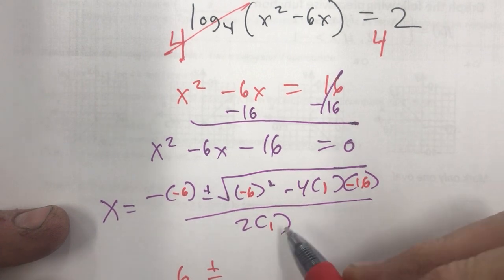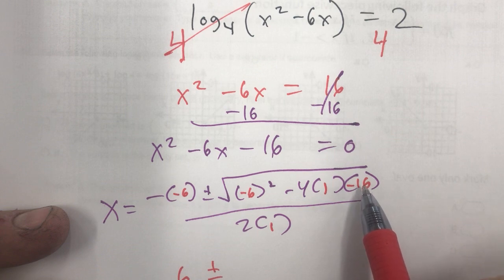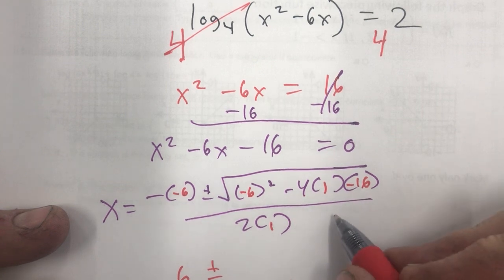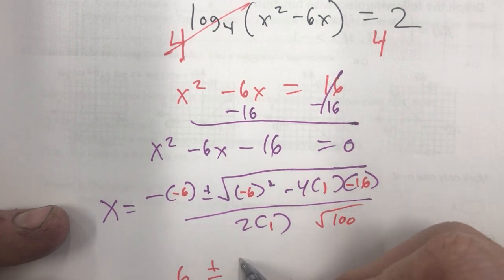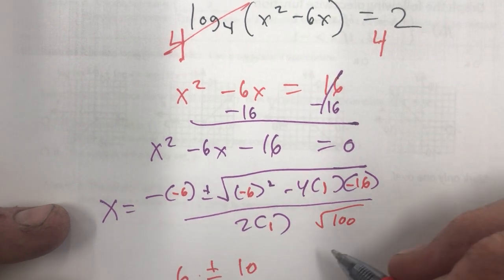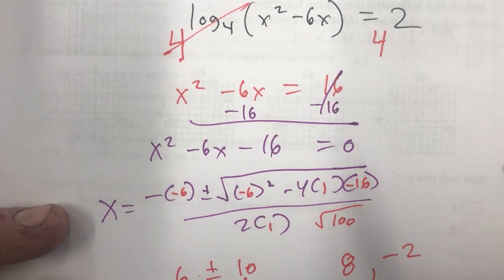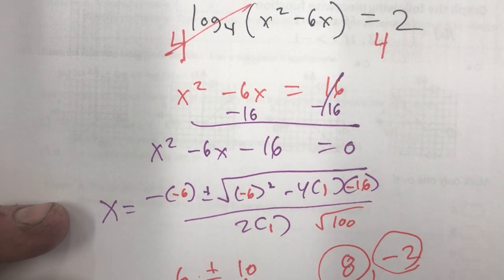I got a 2 down here, and this can be 36 plus 64 is 100, and the square root of 100 is 10. So 6 plus 10 is 16, divided by 2 is 8. And then 6 minus 10 is negative 4, divided by 2 is negative 2. I wasn't getting negative 2 because I didn't do my negative. So there's my 2 answers right there.